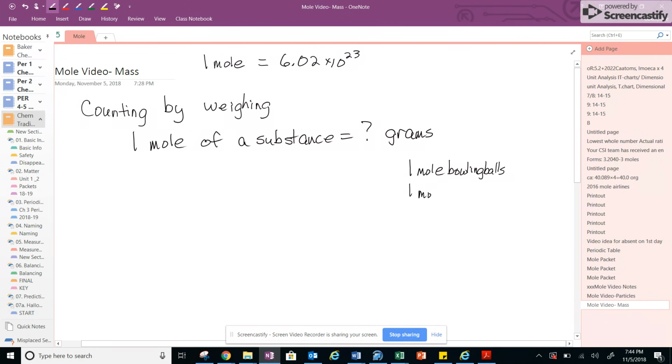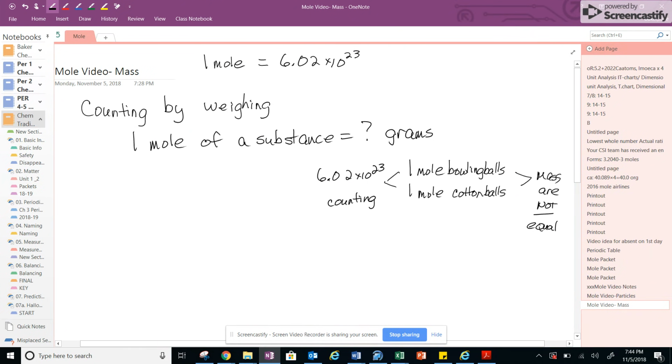If you had 1 mole of cotton balls, you have 6.02 times 10 to the 23rd cotton balls. Their masses are not equal, however they both have 6.02 times 10 to the 23rd if we're counting them.